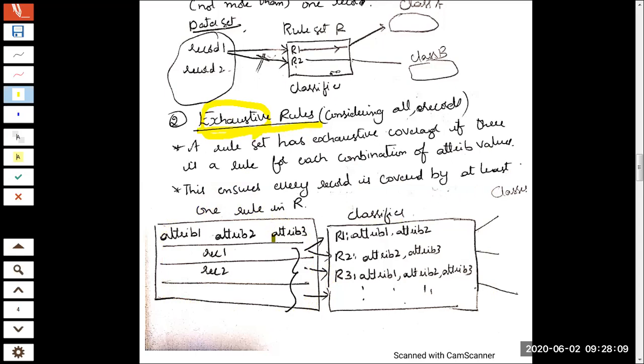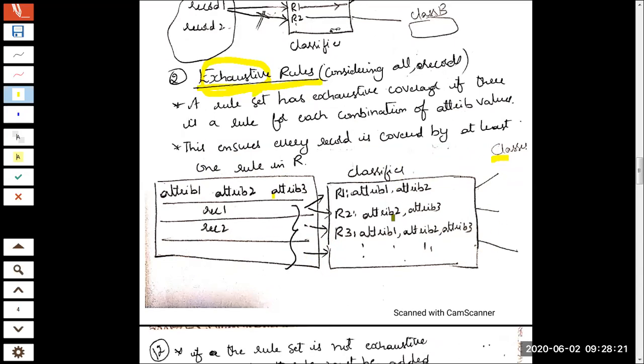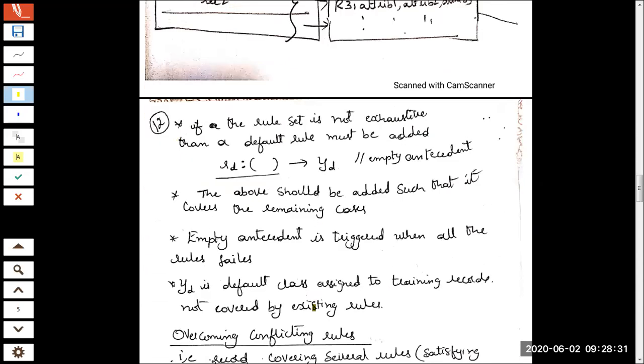You can try to avoid or remove attributes which may not contribute to deciding the class. So that is also possible. But the general requirement is that rules should be exhaustive, so it should try to include all the attributes that are there in the database. So this was the exhaustive story.